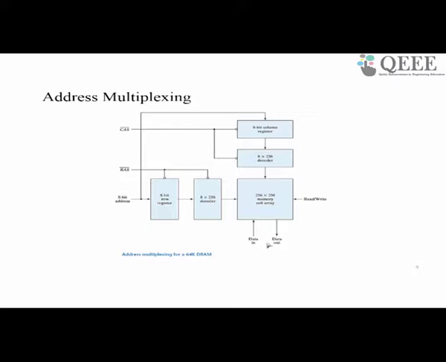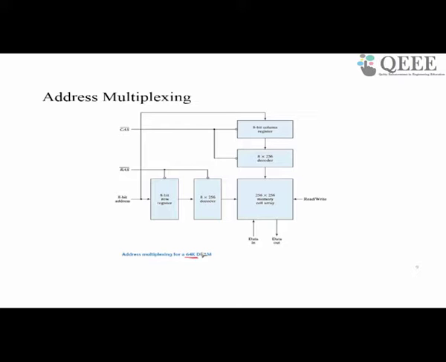Now if you have a larger memory, let us say a 64K DRAM, each location storing 1 bit, then it has 16 lines, which will be divided into 2 groups of 8 each.